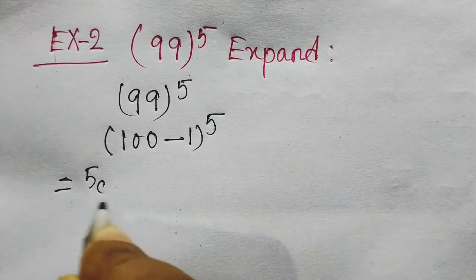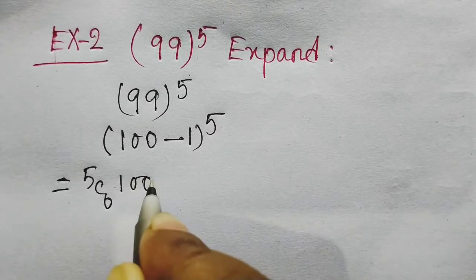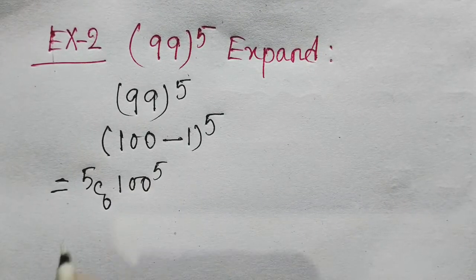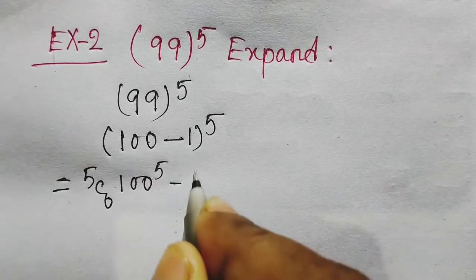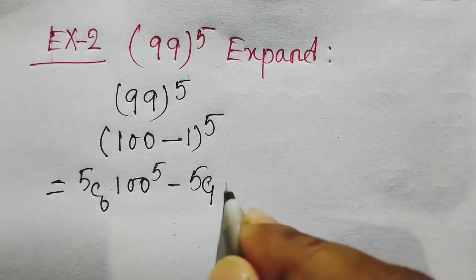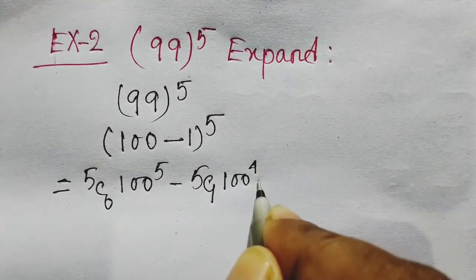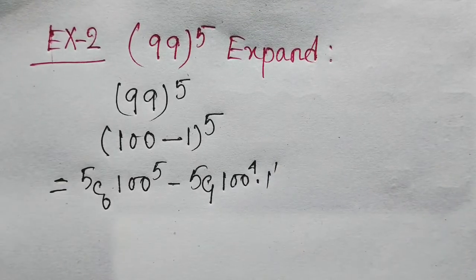So 5c0 100 to the power 5. Next minus 5c1 100 to the power 4 and 1 to the power 1.